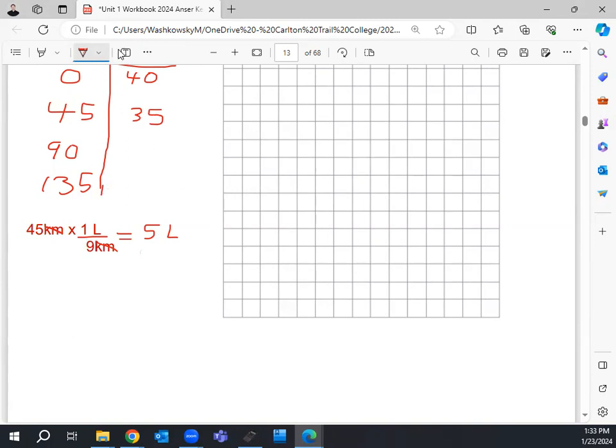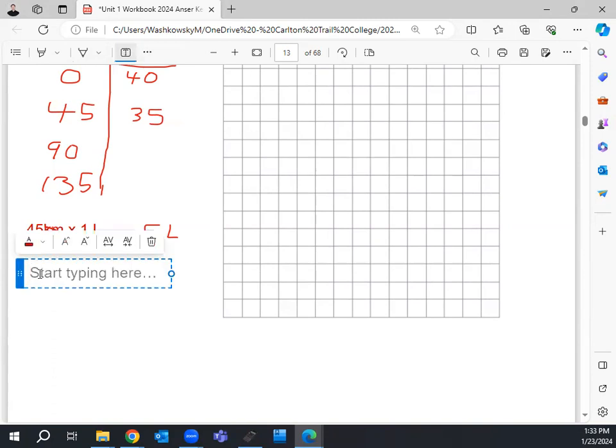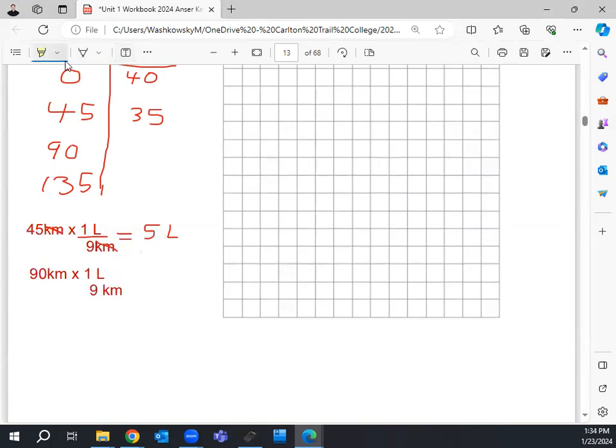So then I do the same thing for 90 kilometers. And you don't need to write this down every time. If you know what you're doing, you can just quickly punch that in your calculator and that is totally fine. Just because it's an example, I'm showing all the steps here, but I just do the same thing. 90 kilometers times 1/9 is going to give you 10 liters if you punch that in your calculator.